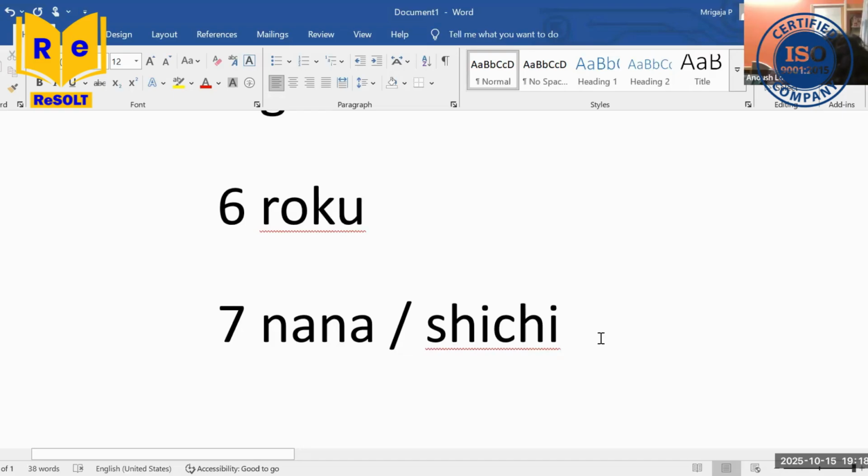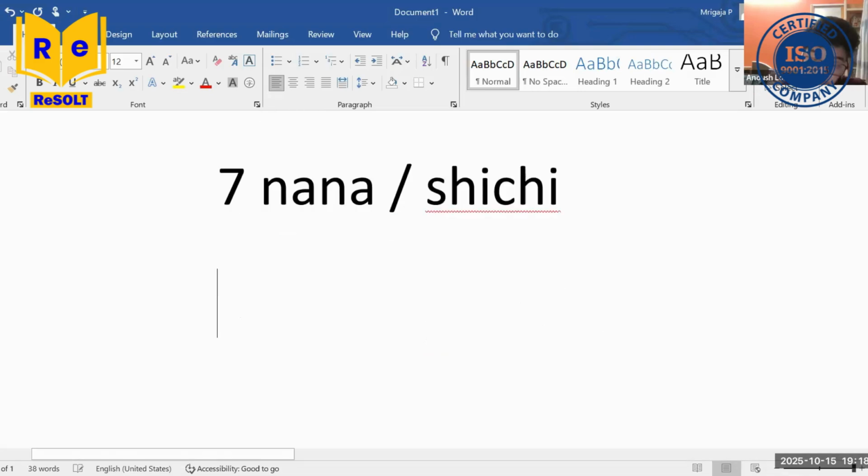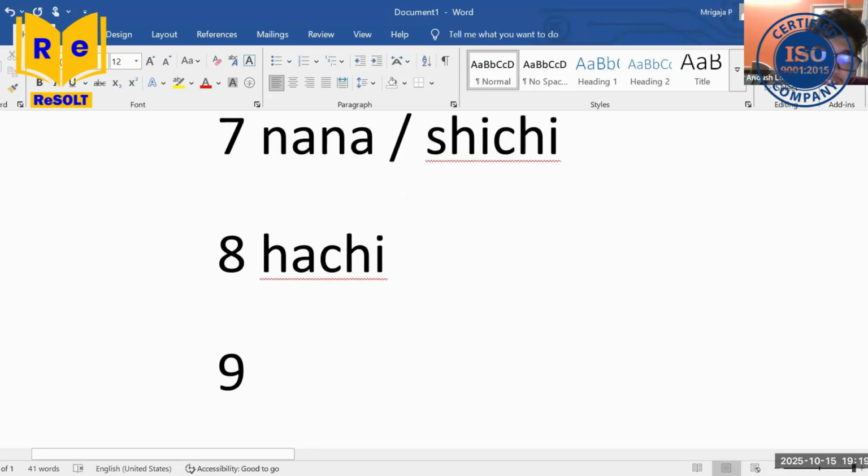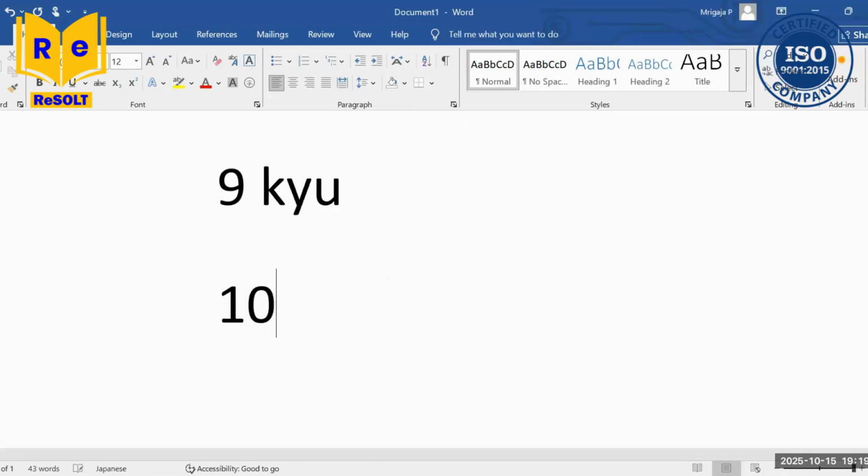And then 8 is "hachi." 9 is "kyu." Yes. 10 is "ju." "Sen" means 1000. We are doing 10 now.